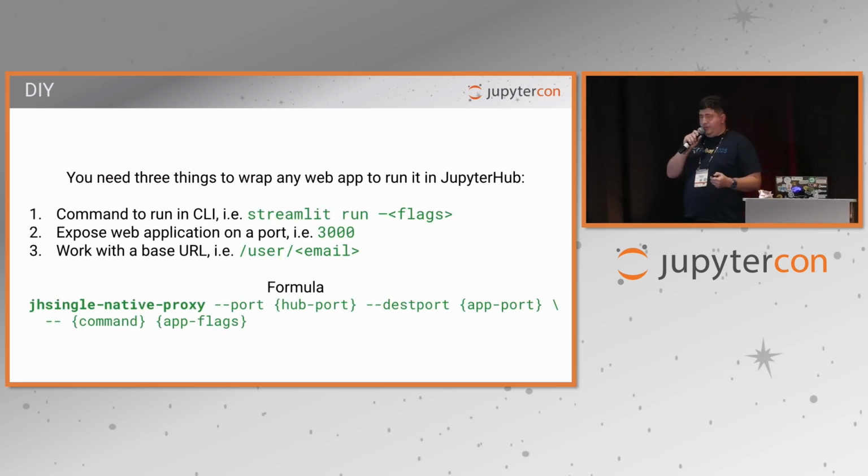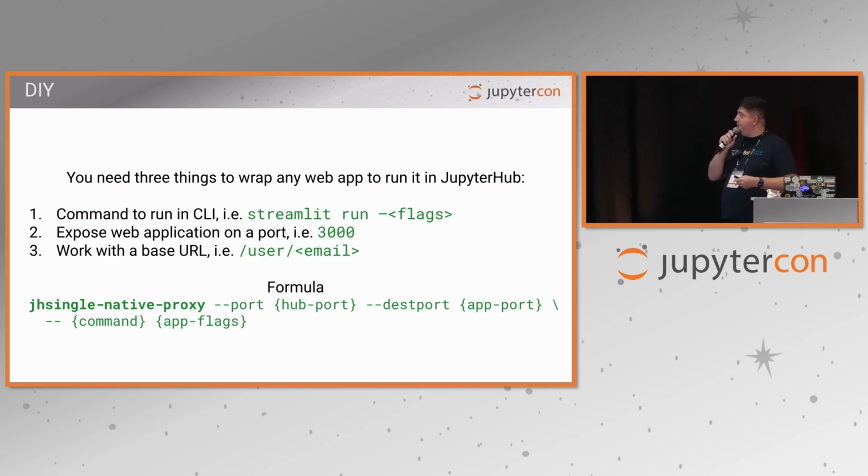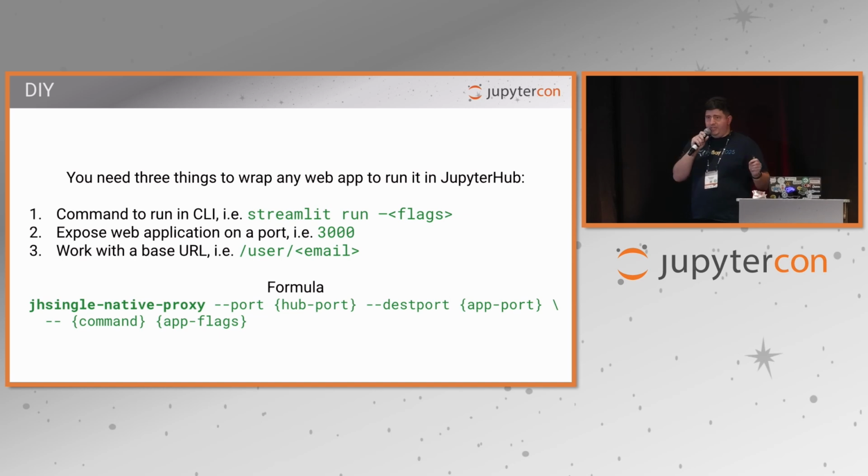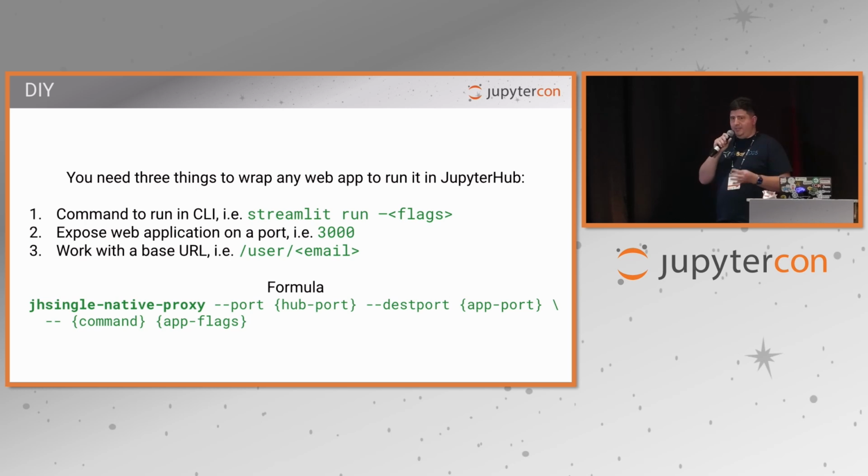So what do you want to do if you want to run this yourself and bring these applications to your JupyterHub? Essentially, you need three things. You want to find an application that can be run through the command line, which is a lot of them. It needs to expose its web interface through a particular port, better if you can control what port it is.